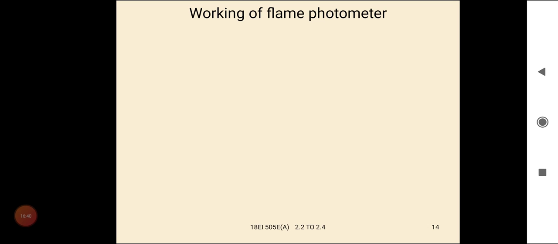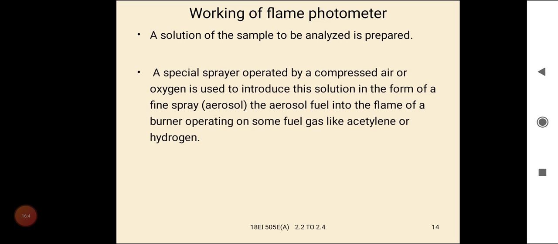Working of flame photometer. A solution of the sample to be analyzed is prepared. A special sprayer operated by compressed air or oxygen is used to introduce this solution in the form of a fine spray, that is the aerosol.